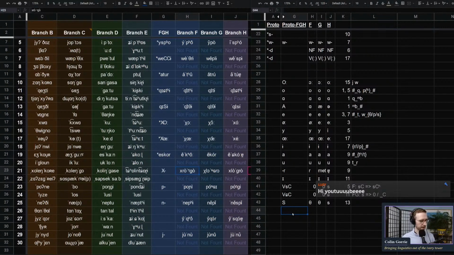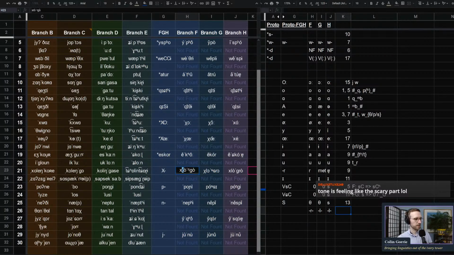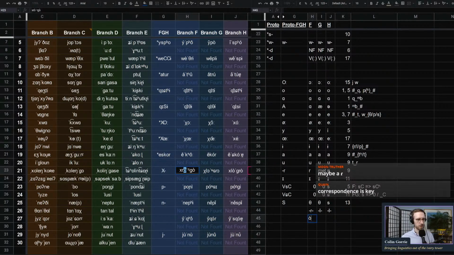We have this LR thing. So, oh, that's not reconstruct anything yet. We have RLL in this one. And then we have, oh no, this is a new cognate set for vowels, isn't it? So we have O, O, O, and this is in 21.